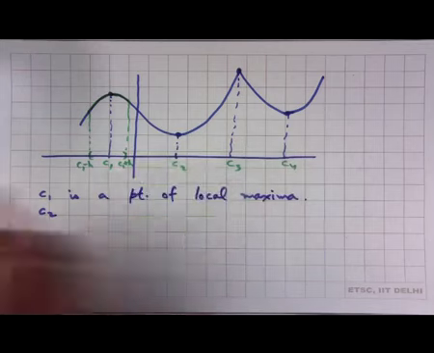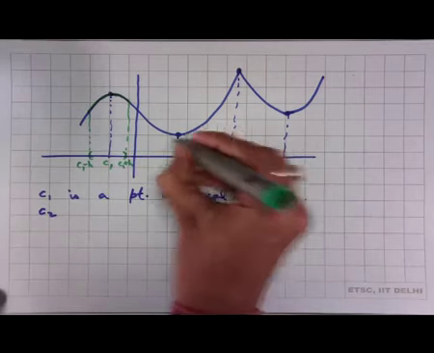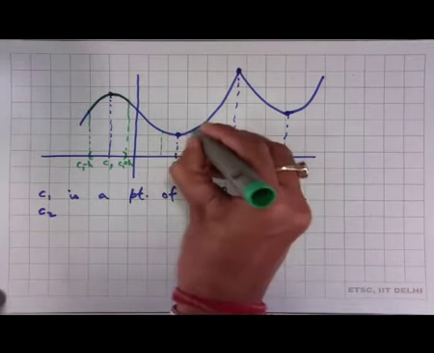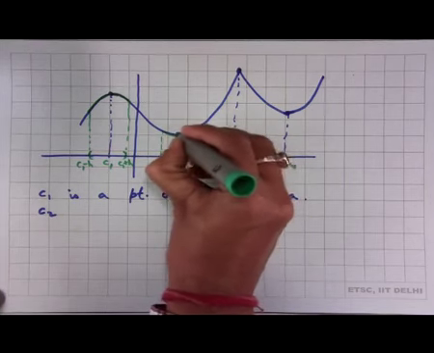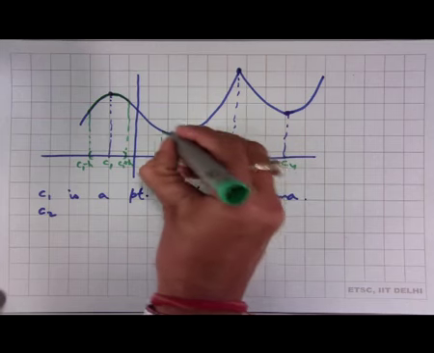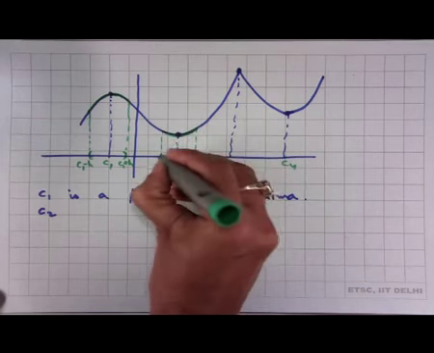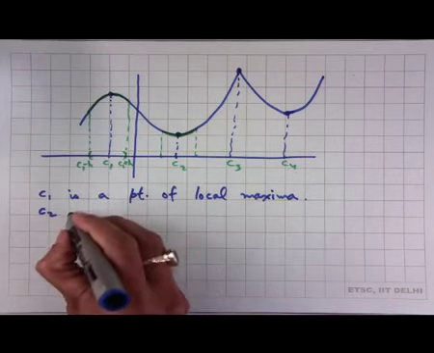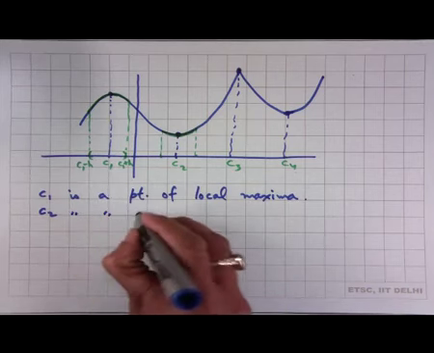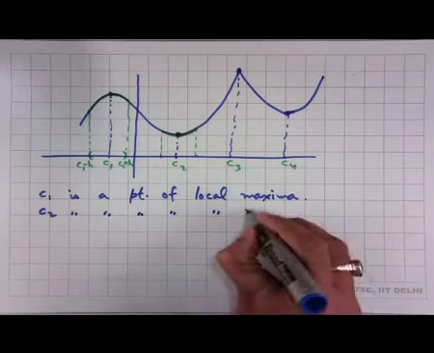If we look at C2, if I take a small enough interval containing C2, then you see that f of C2 is the minimum value in this interval. So, C2 is a point of local minima.